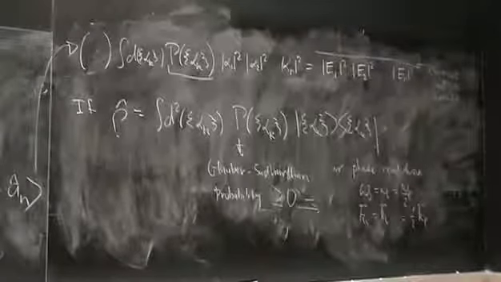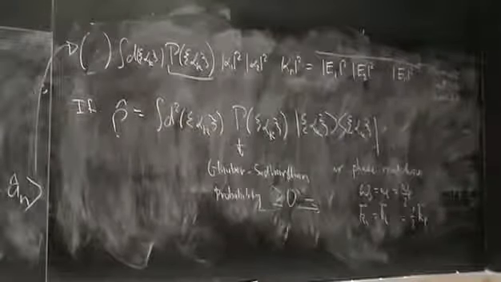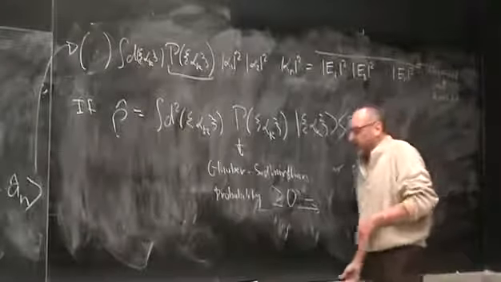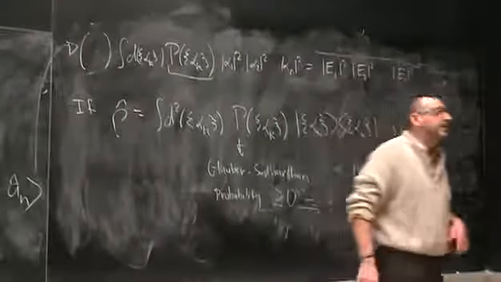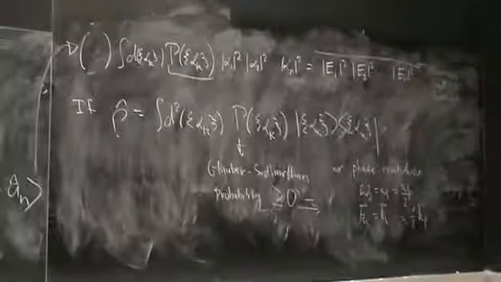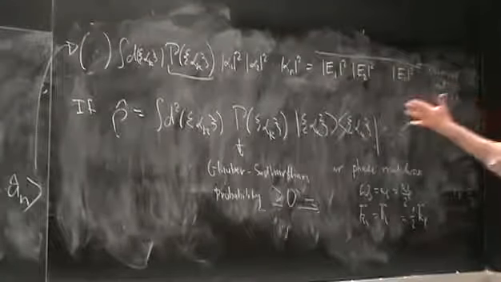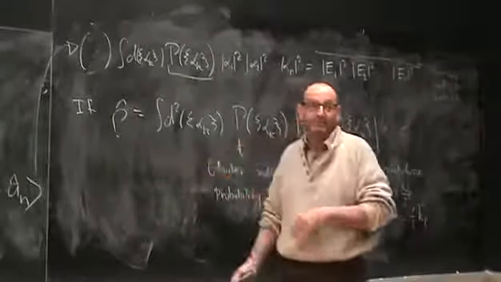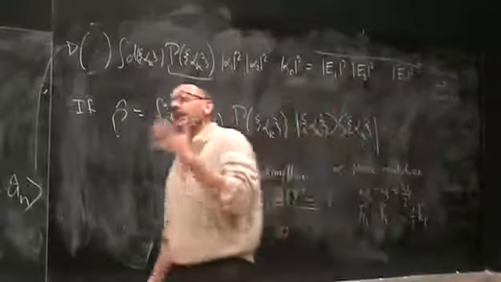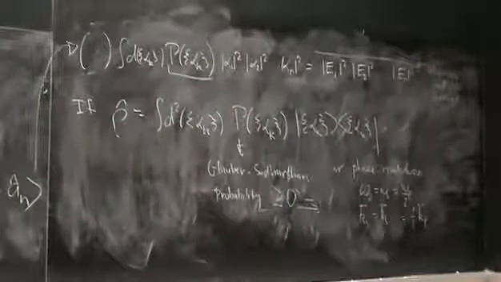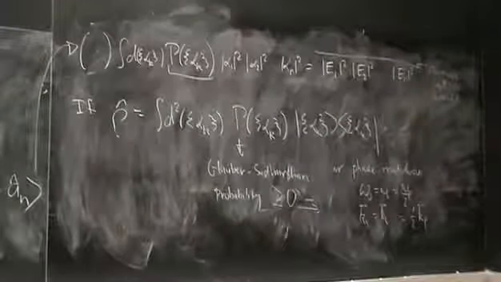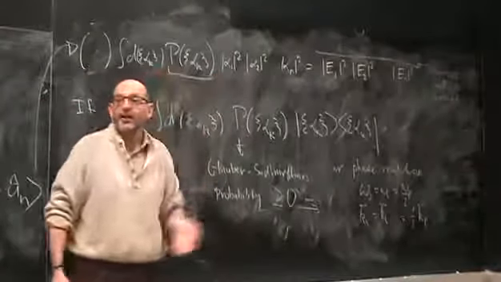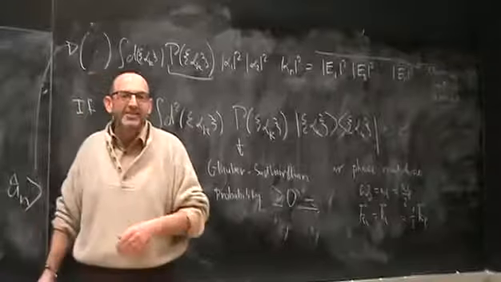But it's not the whole story, because as we just saw, we could choose to detect our field in a different way. Suppose instead of doing direct photon counting, I do homodyne detection. And I want to ask, is my homodyne detection describable from a classical statistical model in the same way as direct photon counting is? It's a reasonable question to ask.